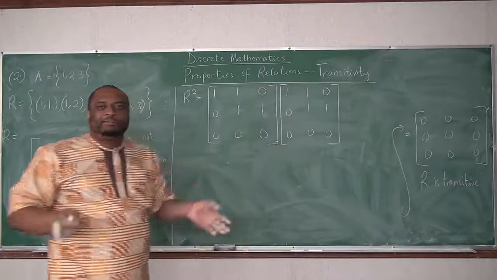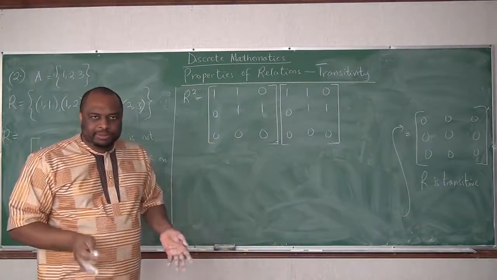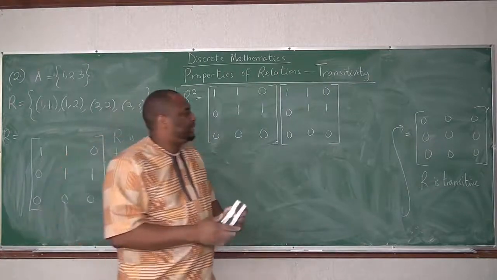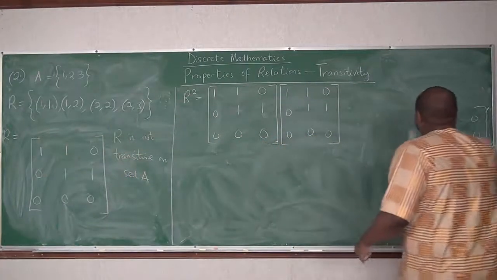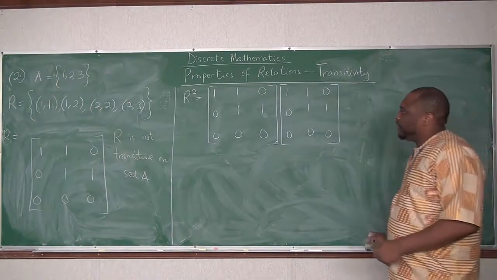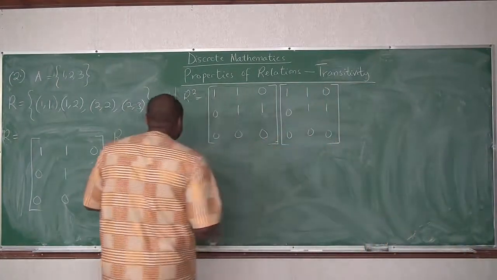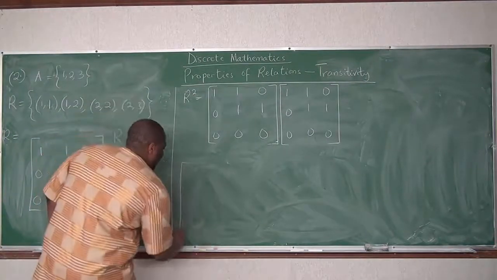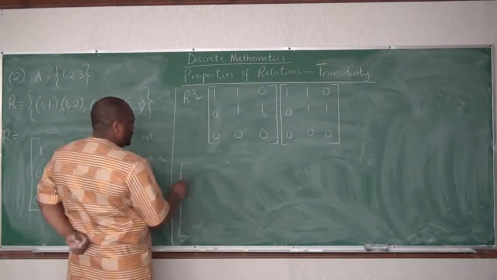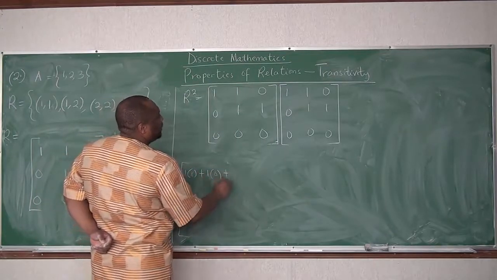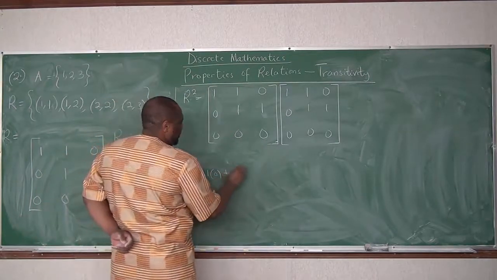And we have done multiplication of matrices. It is on the video playlist on matrices. Here we multiply row by column. So this is 1 times 1 plus 1 times 0 plus 0 times 0.